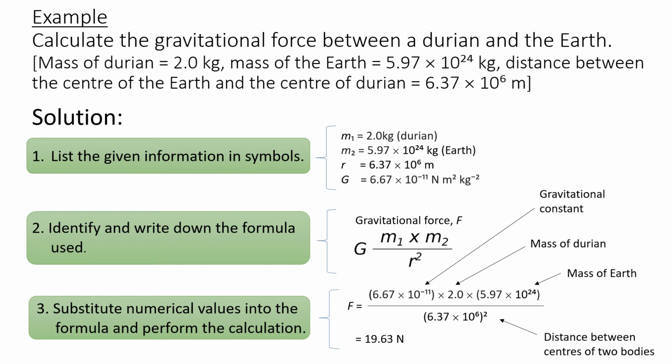Step 3, substitute numerical values into the formula and perform the calculation. F equals the gravitational constant times the mass of the durian times the mass of the Earth divided by the square of the distance between the centers of the two bodies. After the calculation is done, you will get 19.63 newtons as the answer.